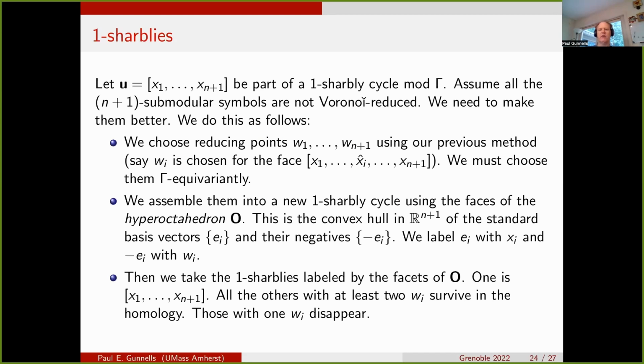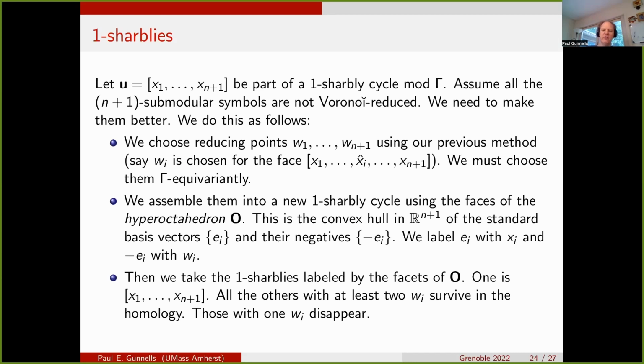Here's what I do. I take that polytope and I label e_i with x_i, and I label the negative e_i with w_i. Then I look at all the one-Sharpleys labeled by the facets of O. Out of them, we have the original one, but we also have some other ones that mix x's and w's. That tells me the homology.